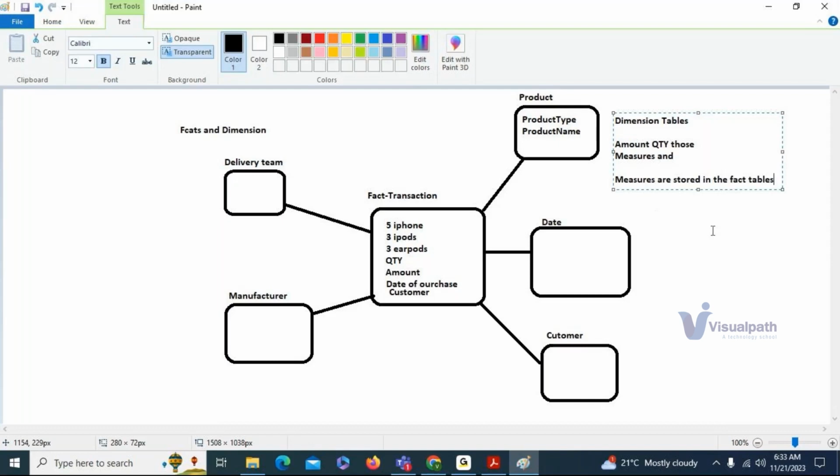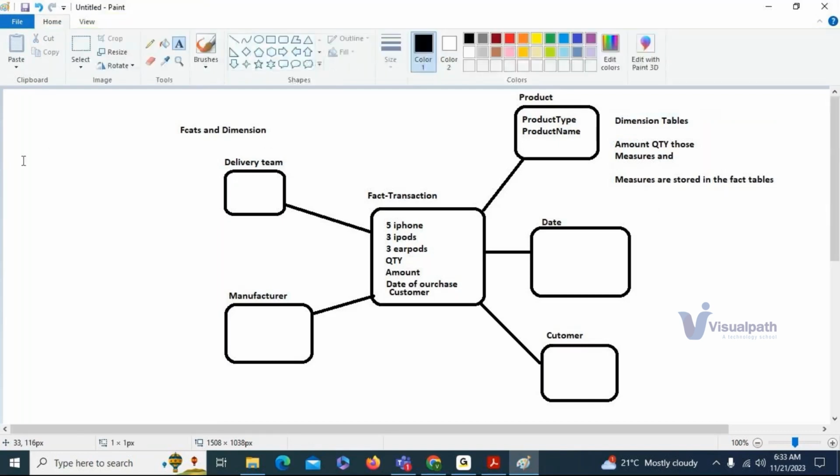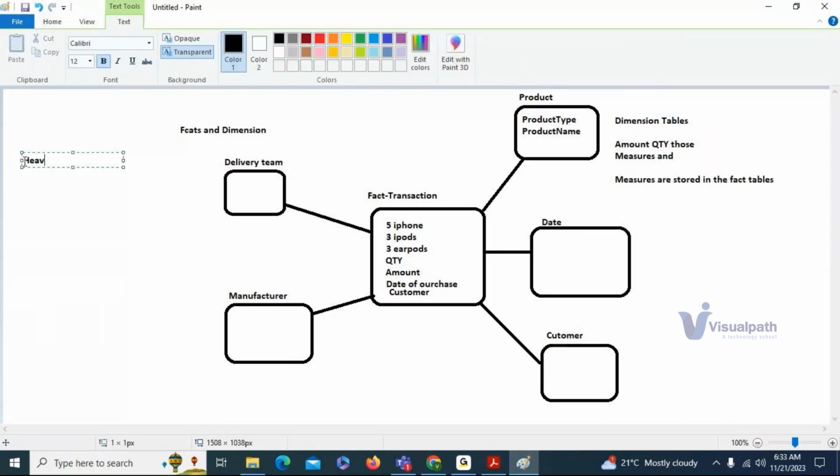Now these dimension and fact tables are heavily used in traditional data warehousing, even in the case of the bronze, silver, and gold layer, the medallion architecture.